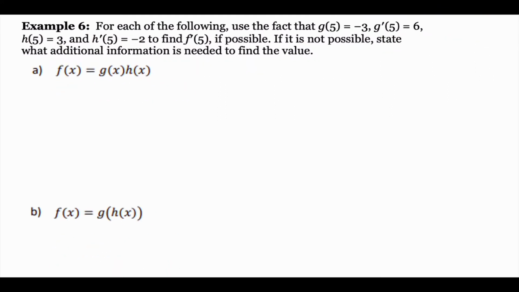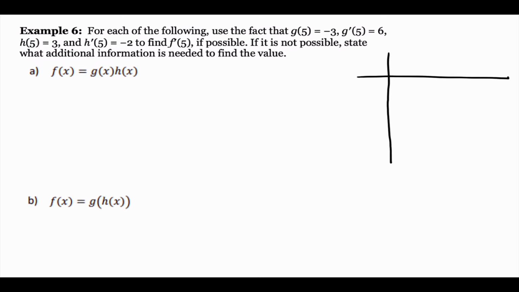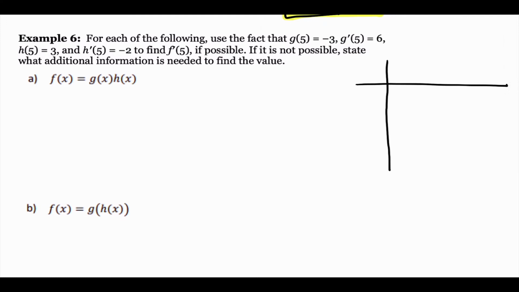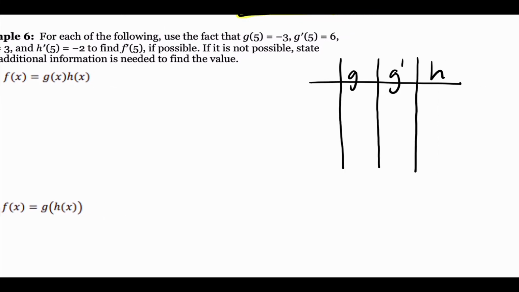So anytime they do that, make a table. Sometimes they'll give you the table, sometimes you have to make the table. It's a way to organize the information they've given you. They've given you information on actually 4 things: g, g prime, h, and h prime.